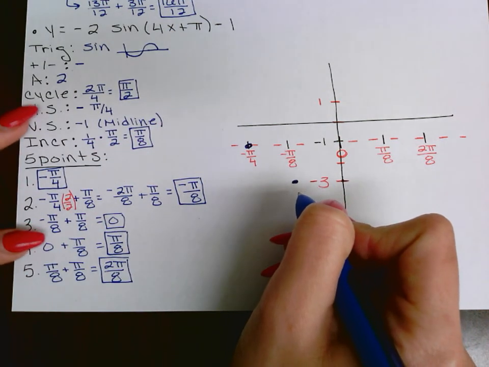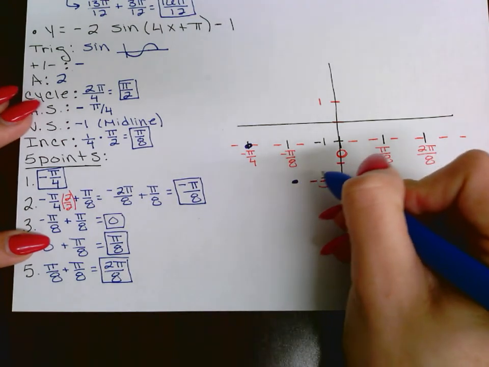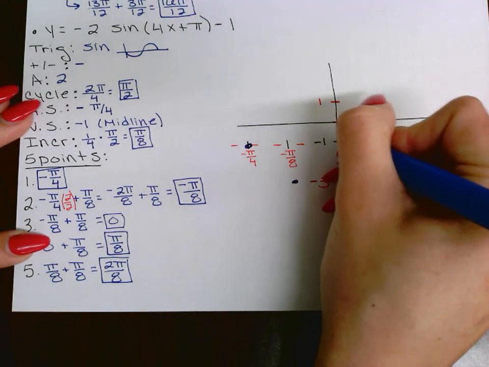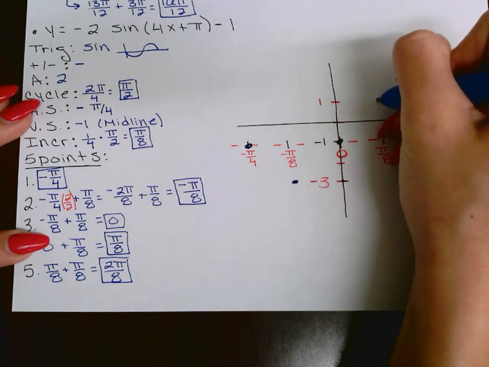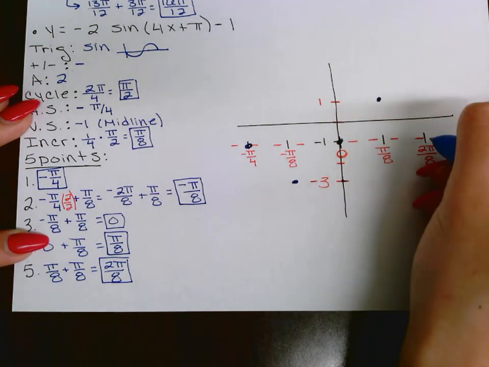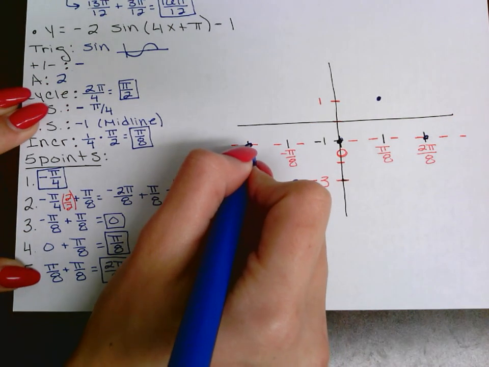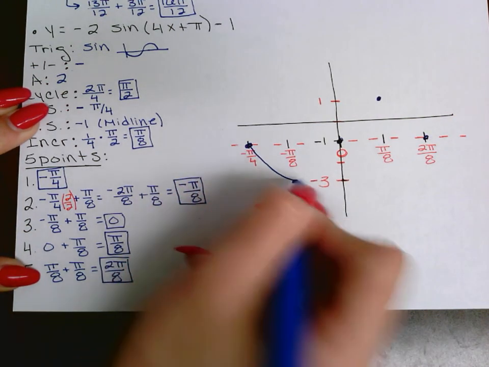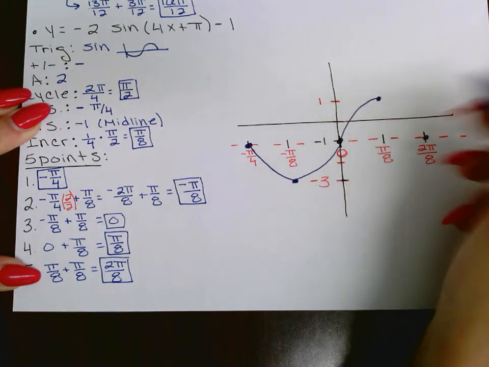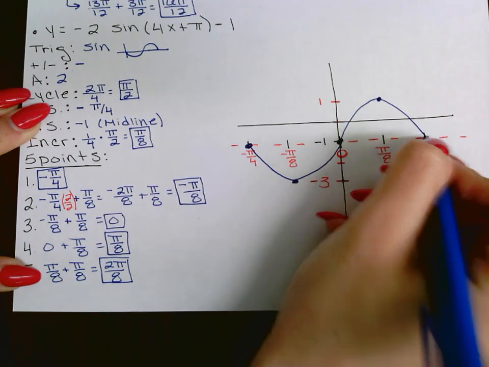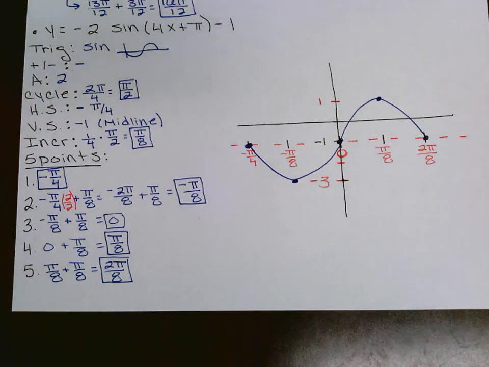Now, my next point goes back to the midline on the third point. On the fourth point, it goes up to my max. And on my fifth point, it comes back to the midline. So I should draw this under, then over. There you go.